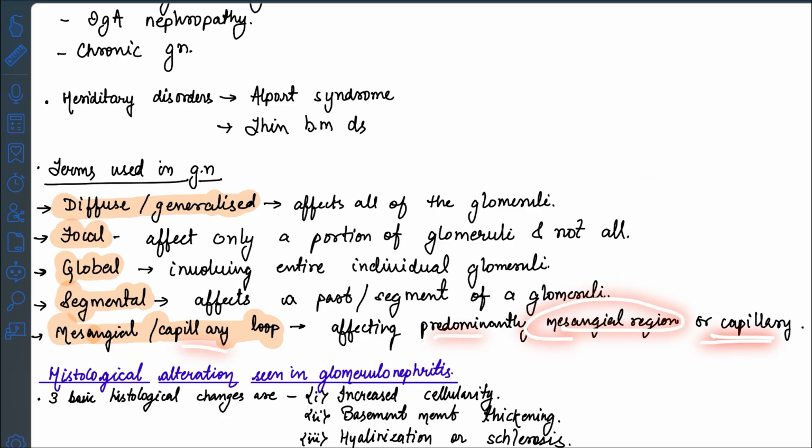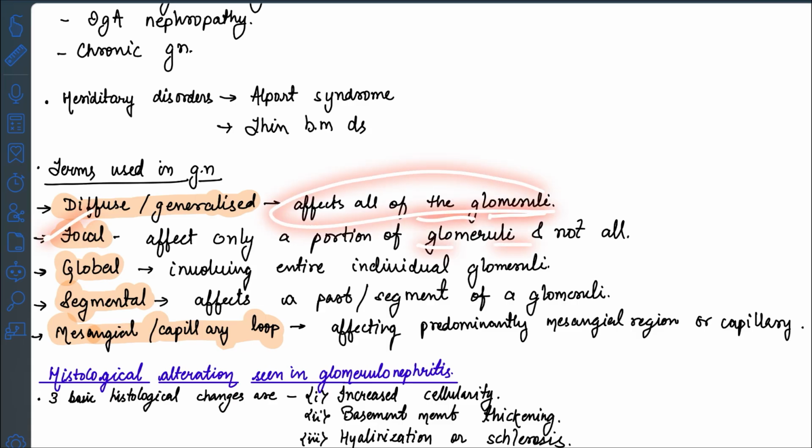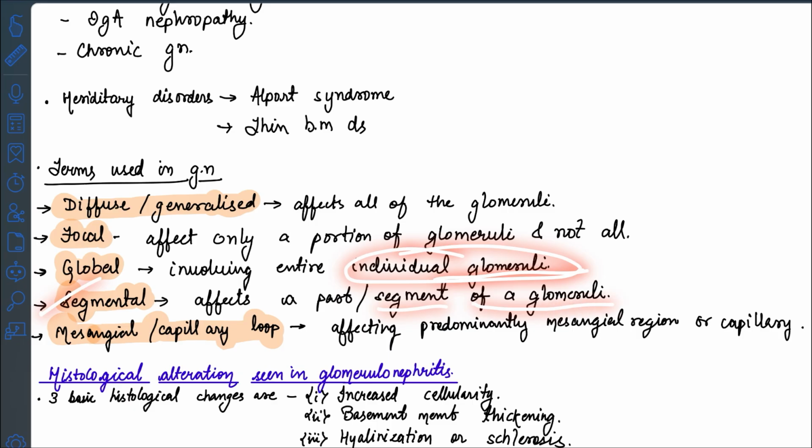And mesangial and capillary: here the mesangial region and capillary are primarily involved. So I hope you're clear with these terms. Diffuse, all of the glomeruli affected, like 100%. Focal, only a portion, mostly 50%. Global, the whole of the individual glomerulus is affected. Segmental is part of the glomerulus affected. Mesangial or capillary, predominantly the mesangial region or the capillary is affected.